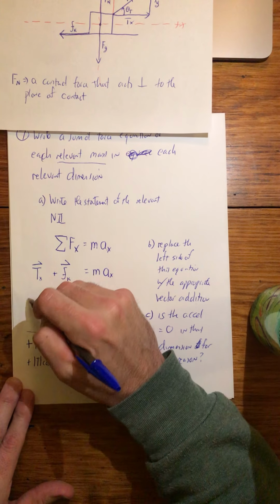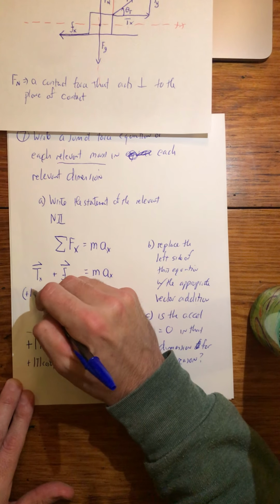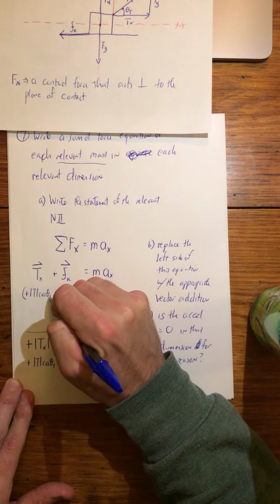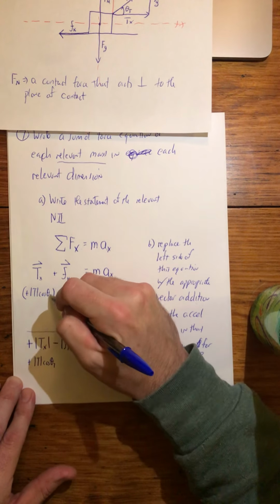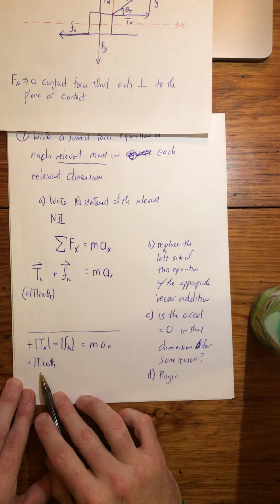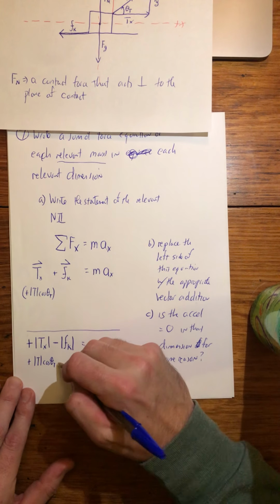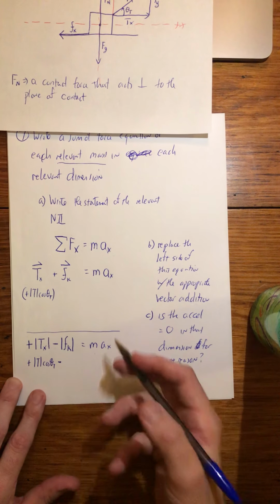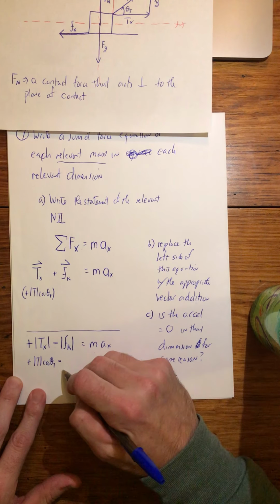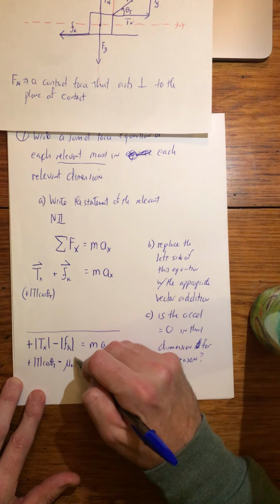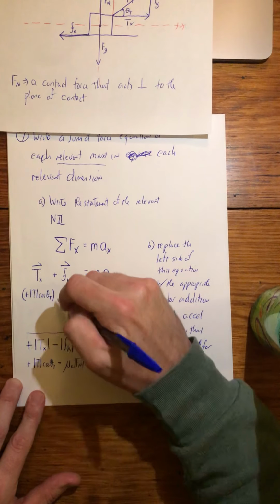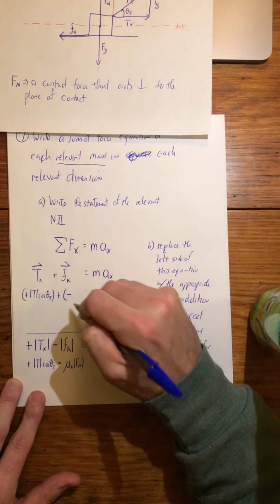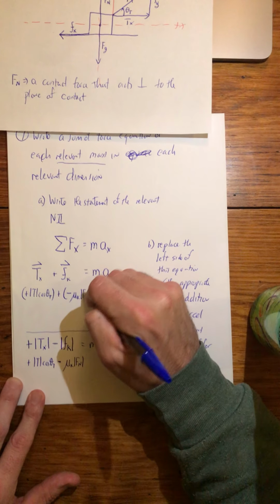Here, I would replace this with a positive T cosine theta T, okay? So you can kind of see same term there. Minus Fk. Well, I'm not sure if you remember the equation, but there's an equation for the kinetic friction, and that's mu sub k times the magnitude of Fn. Here, that would be plus a negative mu sub k Fn.